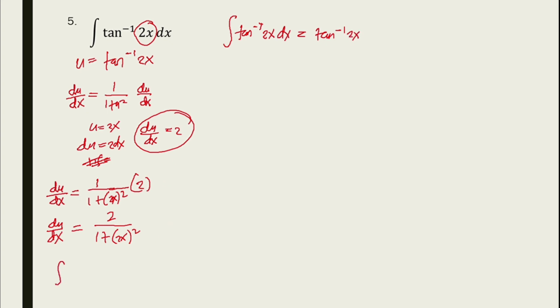Integral of dv is equal to the integral of dx. So our v is equal to x. Our v is equal to x, so therefore uv, that is x, minus the integral of v du.